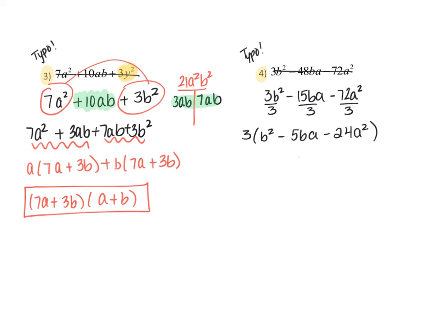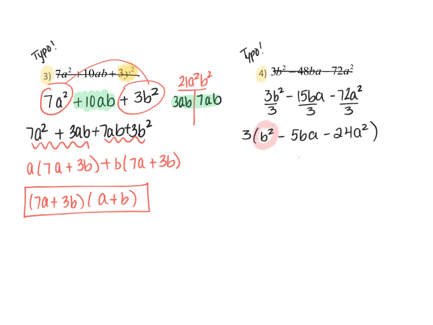So if we look at the structure as well, we have a b squared and an a squared. So in the middle, they should have half of the powers, which is 1, right? And since b came first, then b would come first in here. Since a squared came second, then a would come in here. So it looks like this structure is pretty good to go. So go ahead and factor by grouping, and then hit resume when you're ready for the answer.